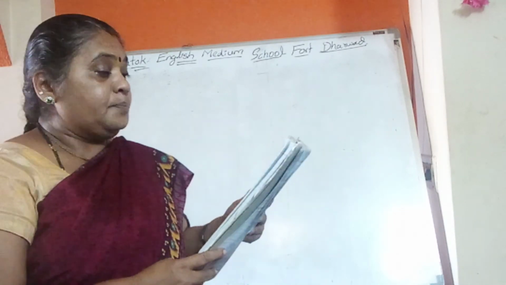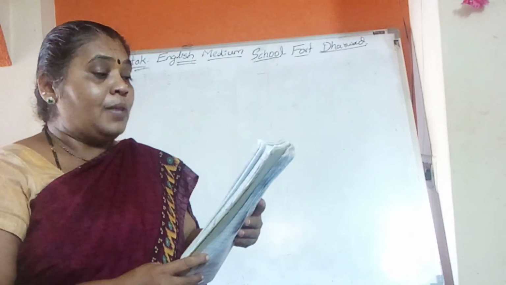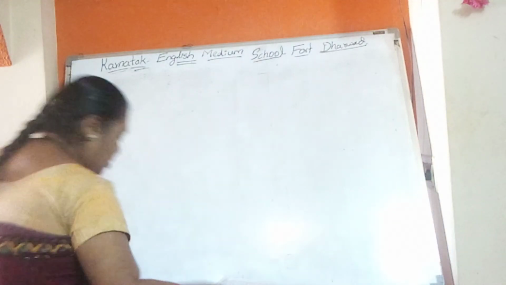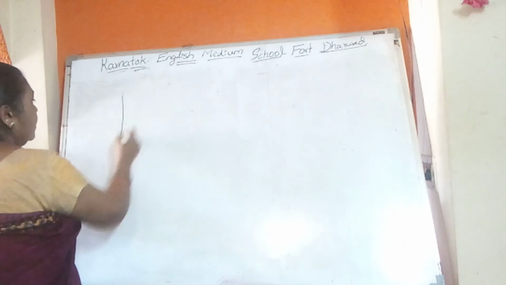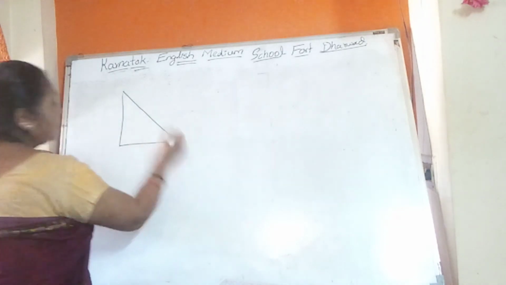What is that? If a perpendicular is drawn from the vertex of the right angle, this is a right angle triangle.